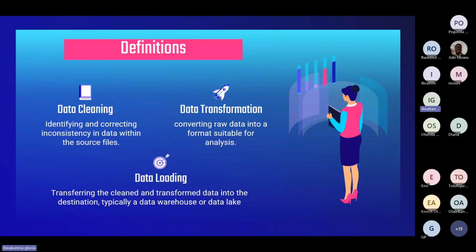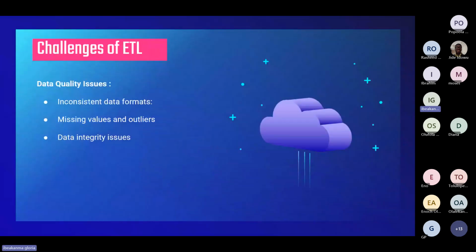I think I've spoken about this. So what are the challenges you have with normal ETL? We have data quality issues, like inconsistent date formats. Basically, when you start transforming your data, you are in what I call the kitchen of Power BI, where you do a lot of cleansing.